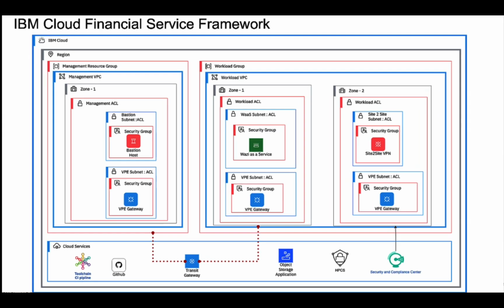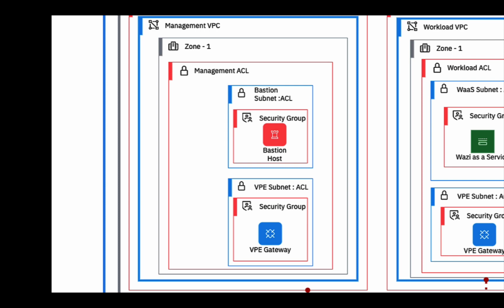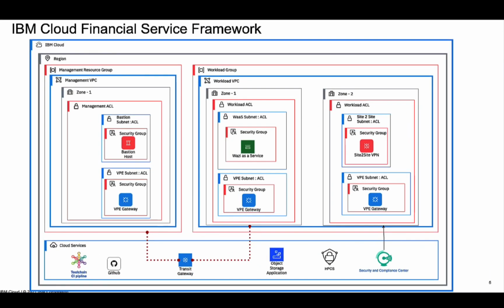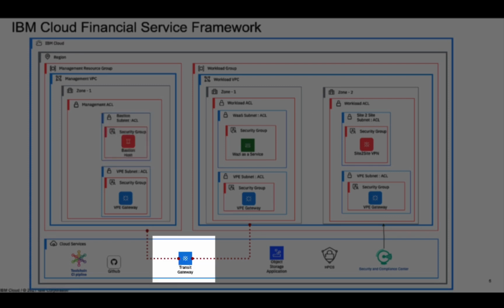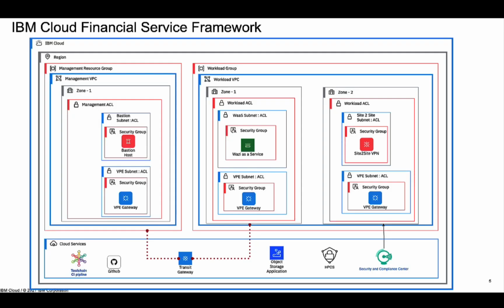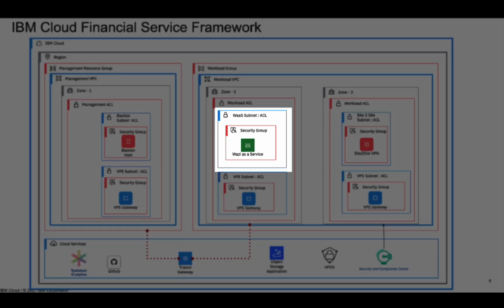It has management VPC to manage the workloads that are running in workload VPC. The Bastion host helps to connect to workload VPC using transit gateway. You can connect to the Bastion host using a client-to-site VPN or a direct link, which is not shown here. The workload VPC will have WASI instance.